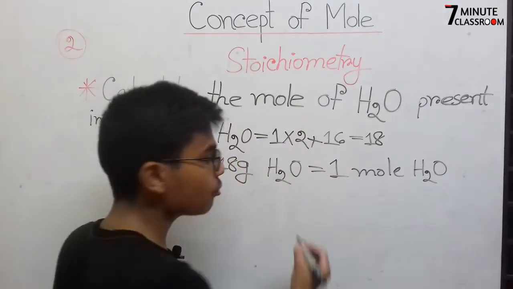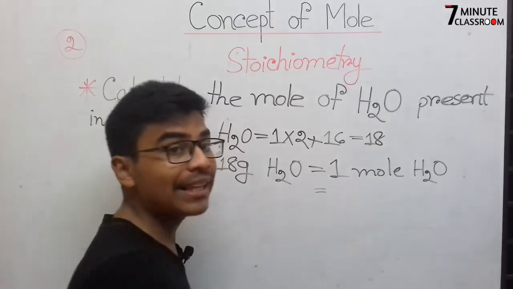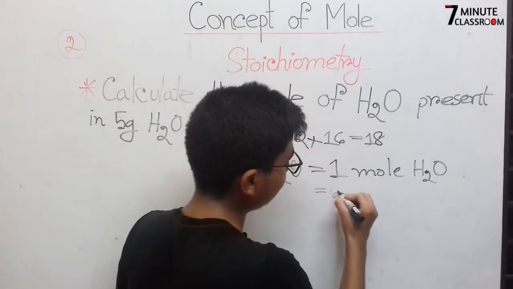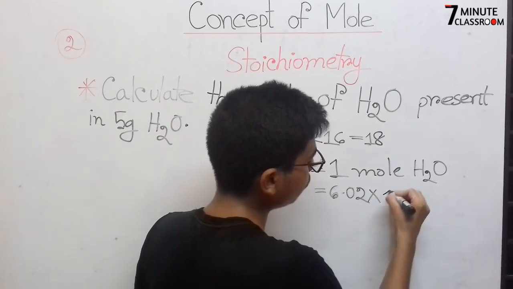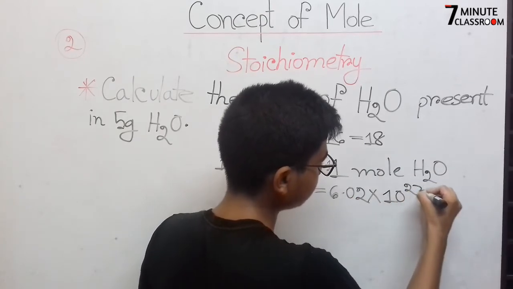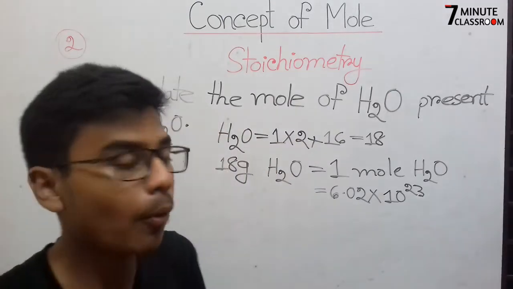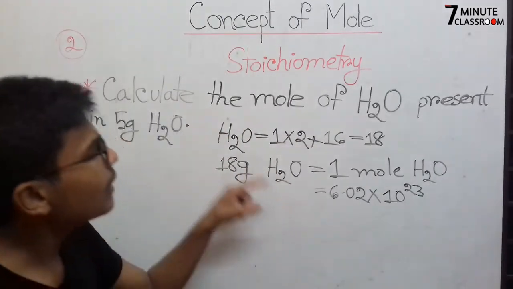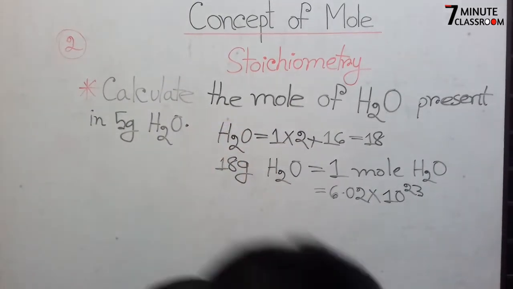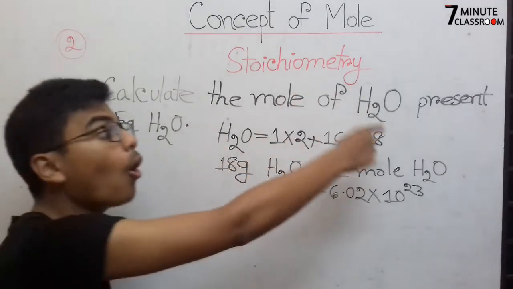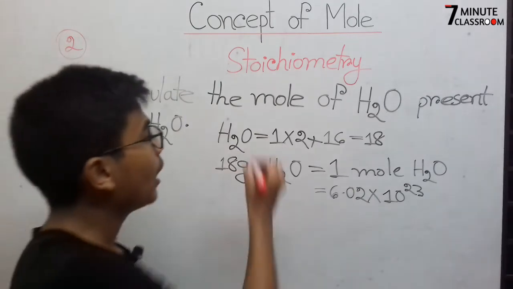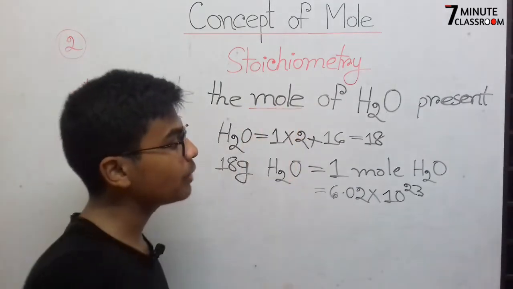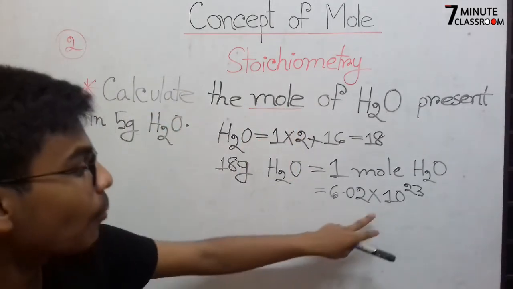And we also know that 1 mole H2O is 6.02 into 10 to the power 23 H2O molecules. But in the question, the mole of H2O present in 5 gram H2O is needed, we don't need to find the molecules.